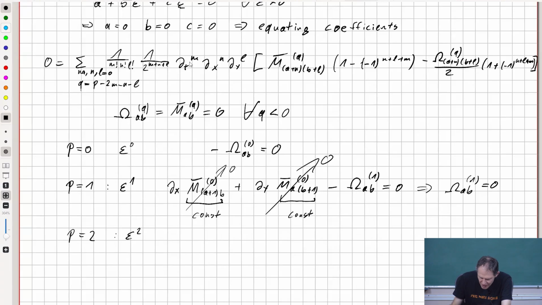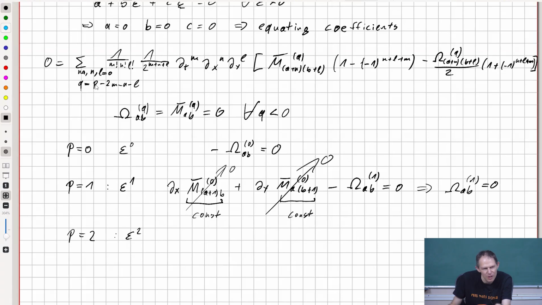Now comes the first time that we have a time derivative here. You see, we didn't have a time derivative previously, because if we have p equal to 1 and minus 2, we get to negative, and we have no negative expansion moment, so there was no time derivative here.